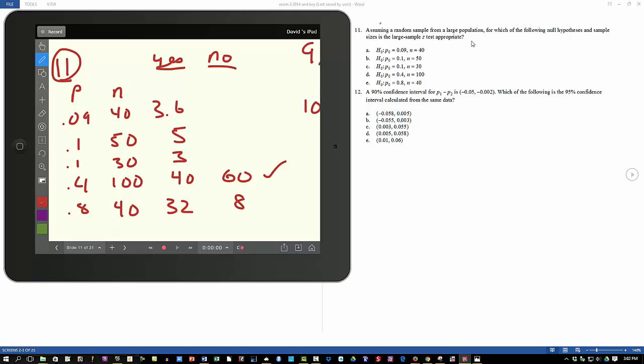Okay, so number 12, this is like the one we did just a couple of minutes ago, in fact, with the 90% confidence interval and then what would be the corresponding 95% confidence interval.